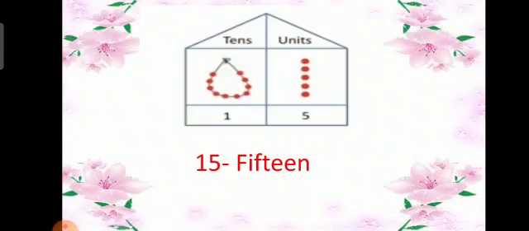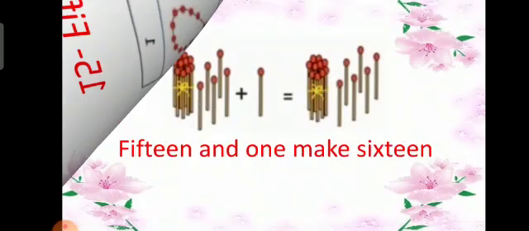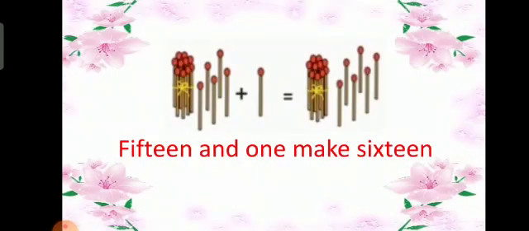In the houses of tens and units we are going to draw one string and 5 single beads. One string and 5 single beads together make 15. The spelling of 15 is FIFTEEN, 15.